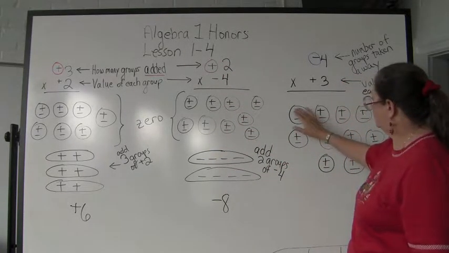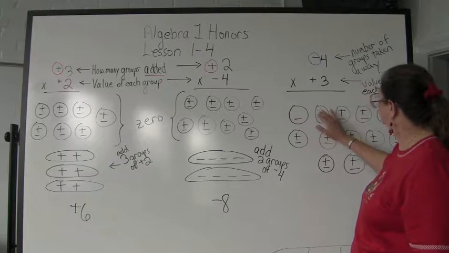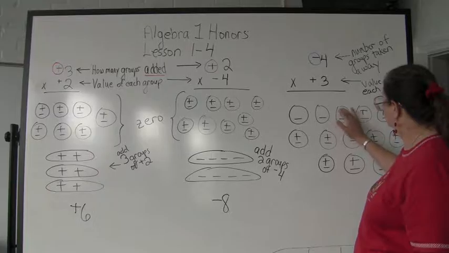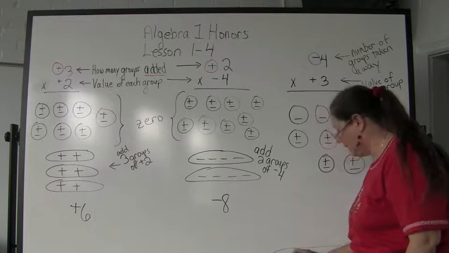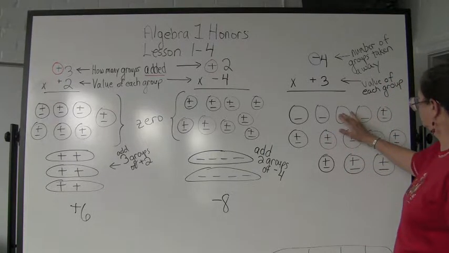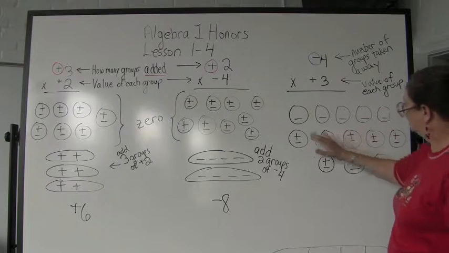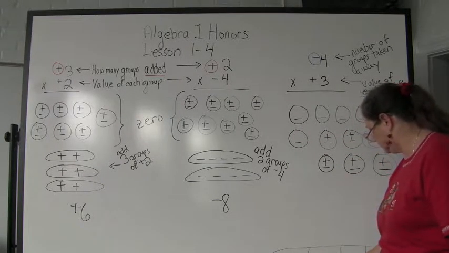Okay, so I'm going to take away 1, 2, 3 pluses there. That's my first group. And then I'm going to take away 3 pluses here. 1, 2, 3. That's my second group that disappears.